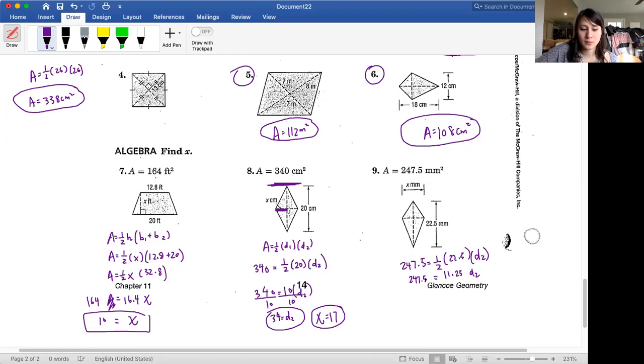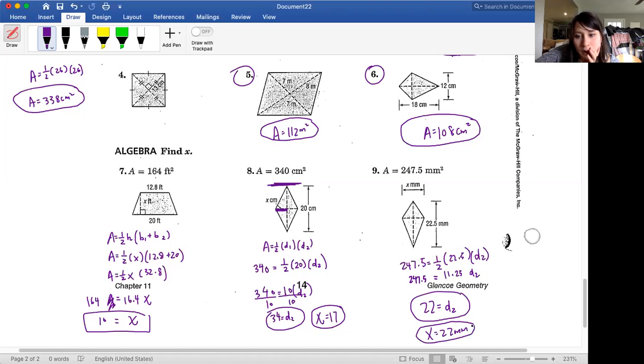Then 247.5 divided by 11.25 equals 22. So the second diagonal is 22, or x equals 22 mm.